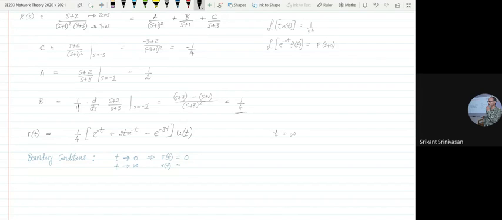But if you consider exponential of t, the actual expansion of this is 1 plus t plus t square by 2 factorial plus t cube by 3 factorial, and so forth, right? This is the formula of the exponential function. So you can see that the exponential of t already has a term of t, plus t square, plus t cube.